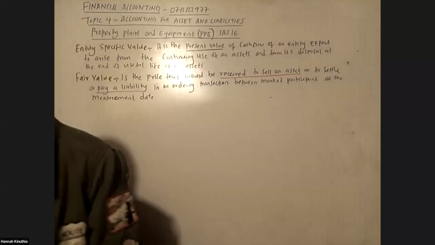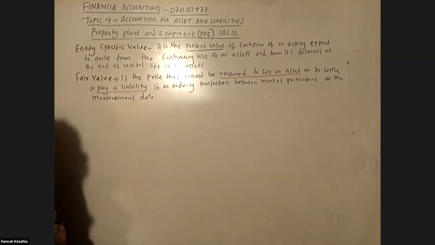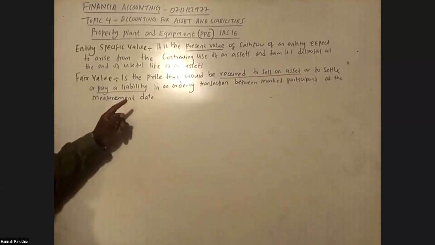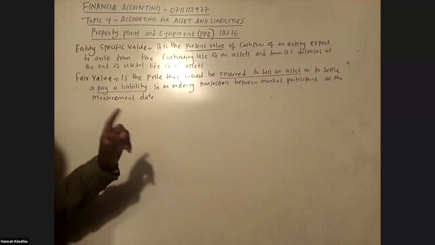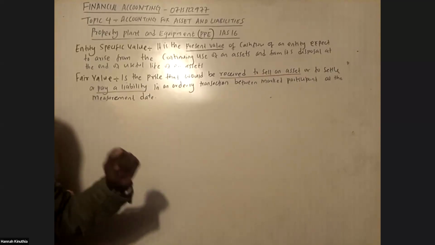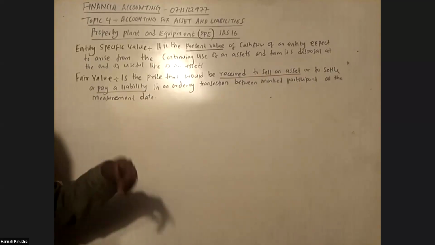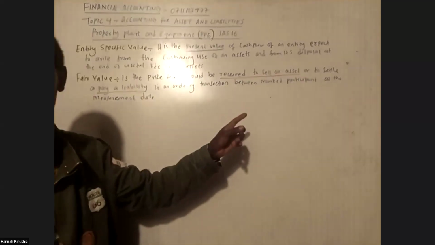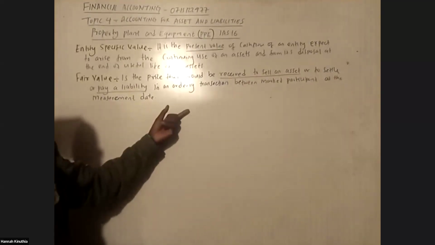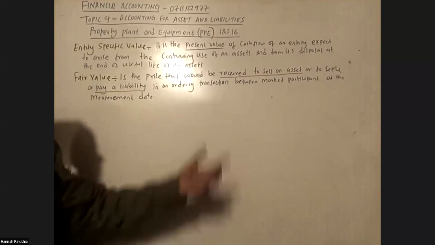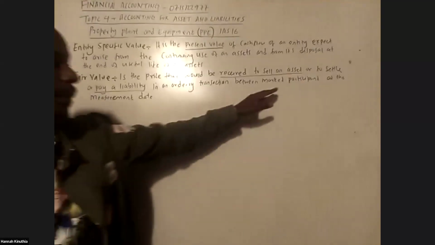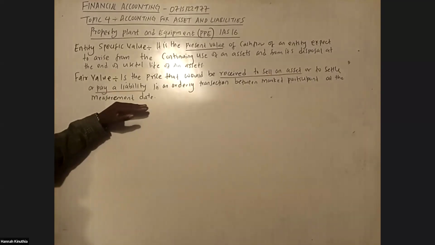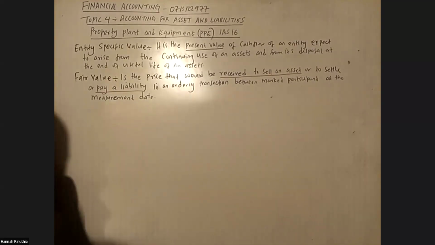It is the price that will be received to sell an asset and also to settle or pay a liability. It is the value that a person who has knowledge, a person of sound mind, would accept to sell their asset or pay liabilities in an orderly transaction between market participants at the measurement date.